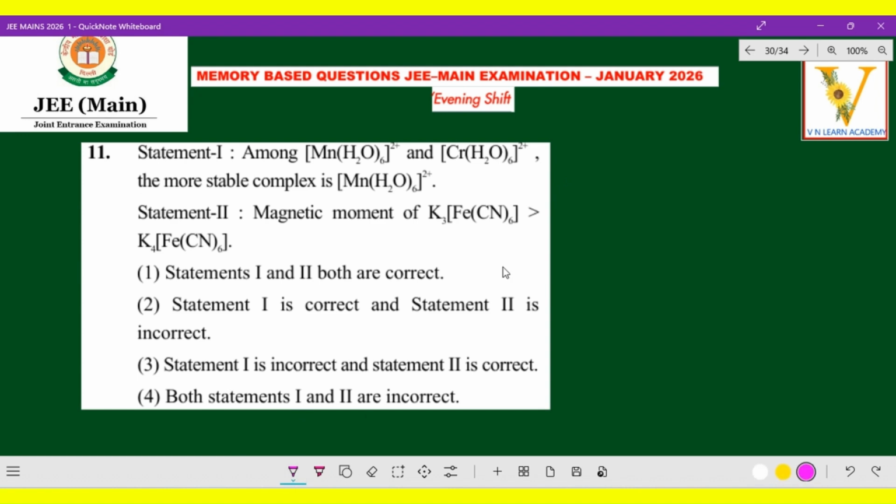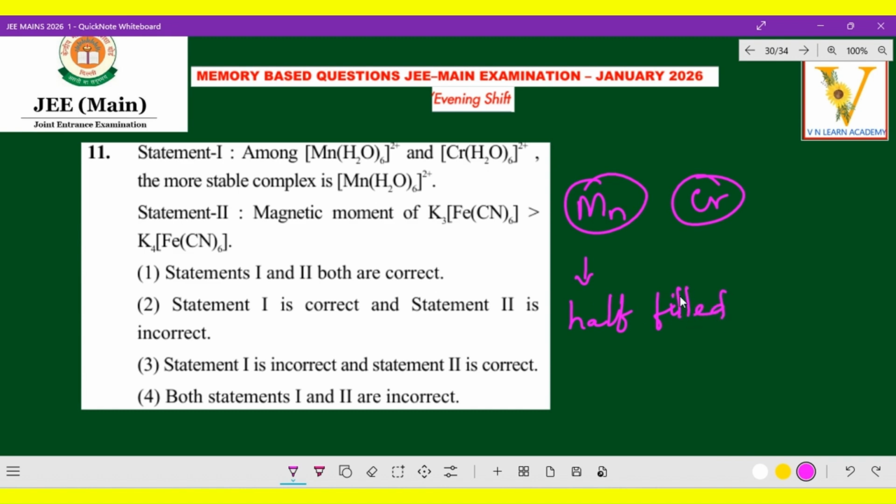When we are talking about Mn and Cr, Mn is half filled. Half filled and completely filled electronic configurations are more stable than minimum filling. This is d5, whereas here d4 only. So d5 is more stable than d4.